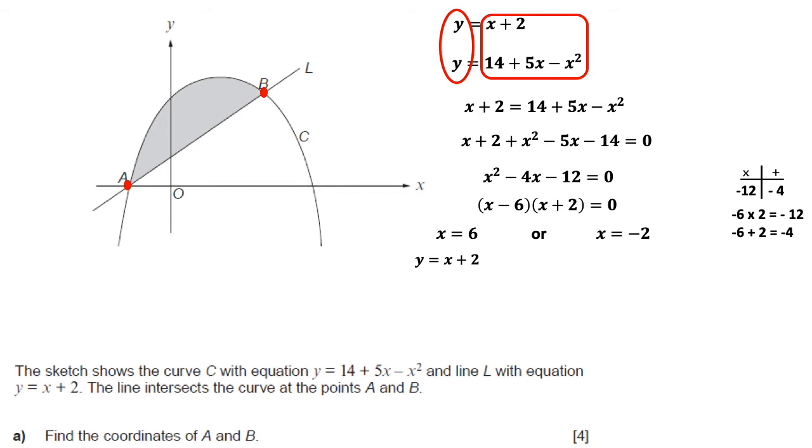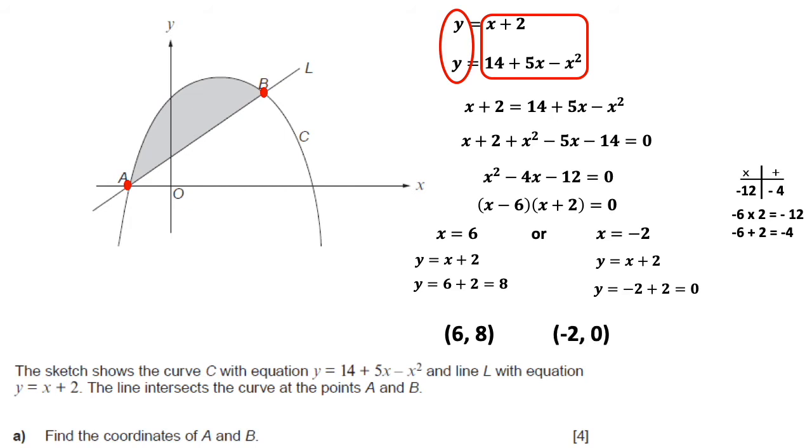So if I substitute 6 into this, I get 6 plus 2 instead of x plus 2, which gives me 8. If I do the same thing with x equals minus 2, I would get minus 2 add 2, which is equal to 0. Therefore, one point must have the coordinates 6, 8, and the second point must have the coordinates minus 2, 0.